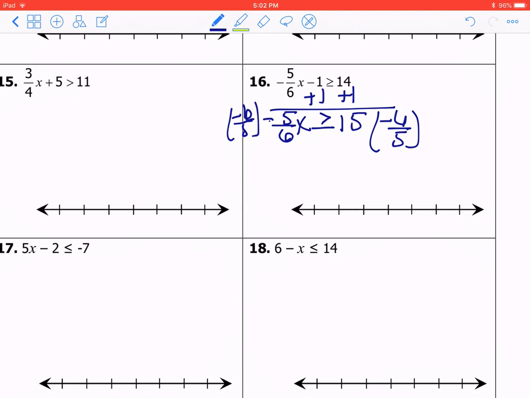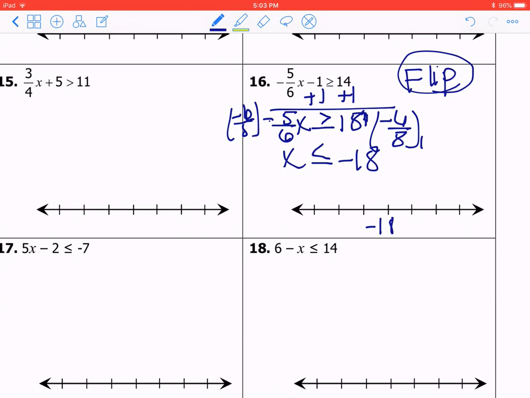I just multiplied by a negative, so I need to flip my inequality sign. And then with the fraction, you can cross cancel. 5 goes into itself once, goes into 15 3 times. 3 times negative, sorry, that's 3. 3 times negative 6 is a negative 18.